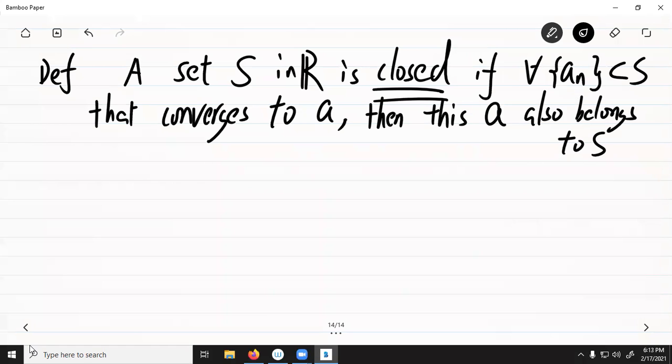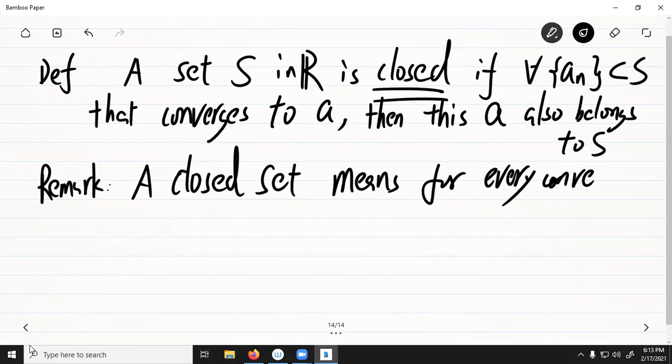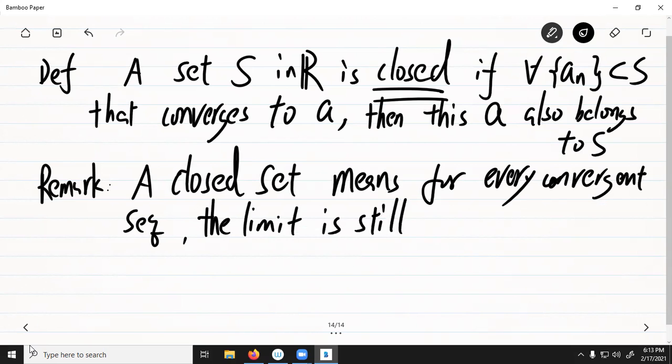So we say, okay, the set is closed. That means, remark: a closed set means for every convergent sequence, the limit is still in S. So this definition tells you, if this set is closed, what does this mean?